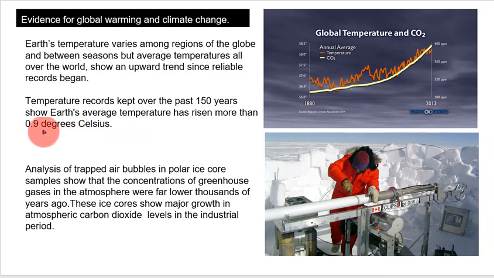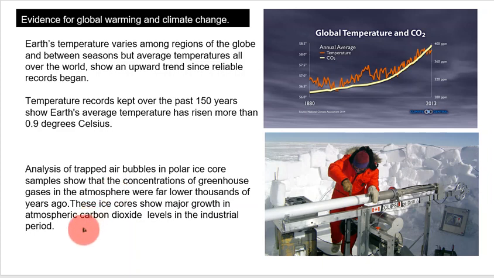Analysis of trapped air bubbles in polar ice core samples shows that the concentration of greenhouse gases in the atmosphere was far lower thousands of years ago. They can take cores of ice and look at the amount of greenhouse gases dissolved in it, which gives an indication of the levels of these gases in the atmosphere back then. It has shown that there were fewer greenhouse gases in the atmosphere back then.